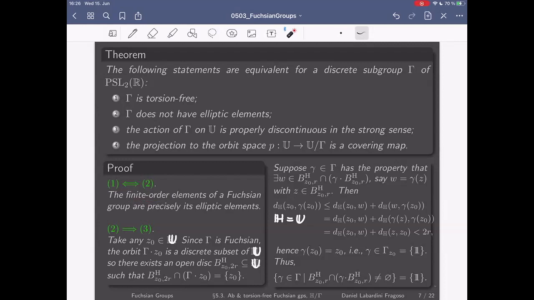And now, if we know that Gamma does not have elliptic elements, then we can take any point z naught in the upper half plane.